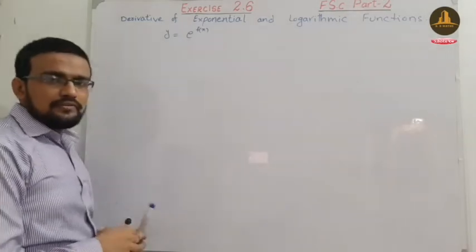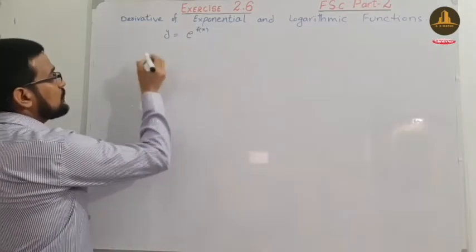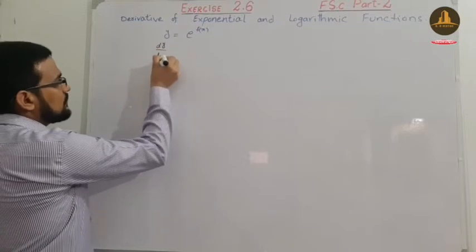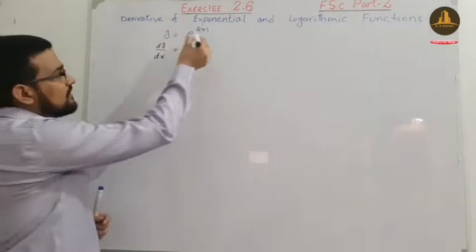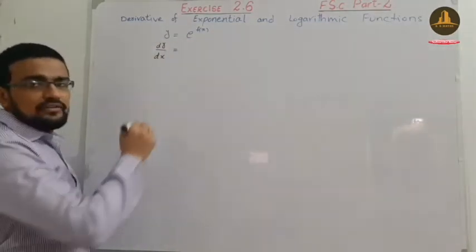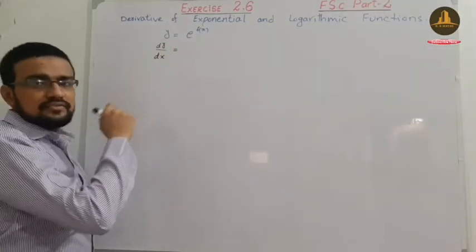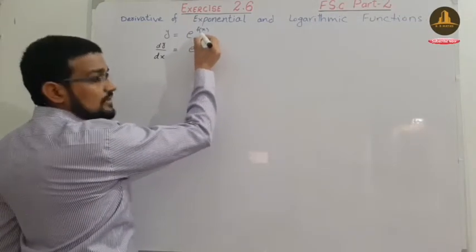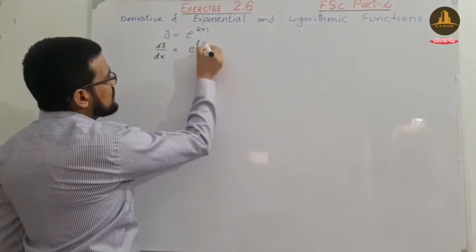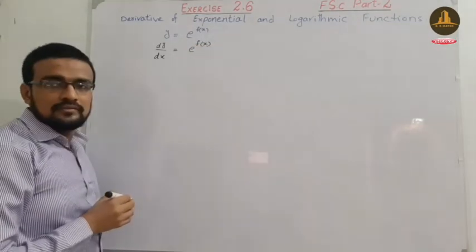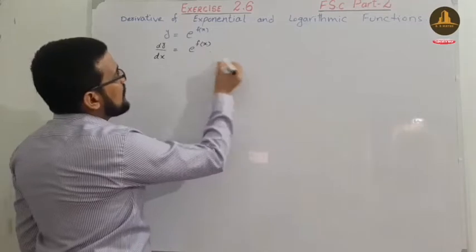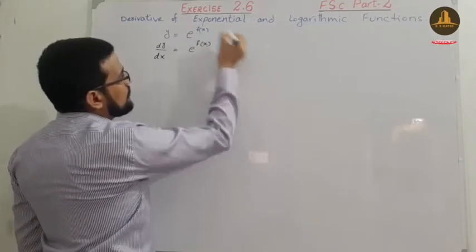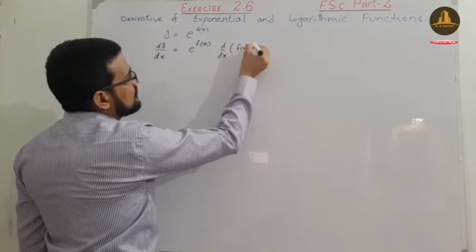So the derivative of exponential function, where y is dependent and x is independent, dy over dx will be e raised to power f of x as it is, and multiply with the derivative of the function f of x.